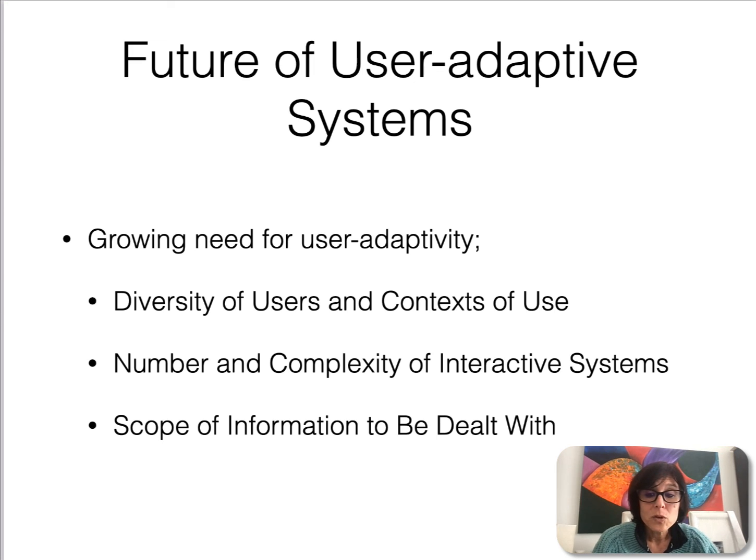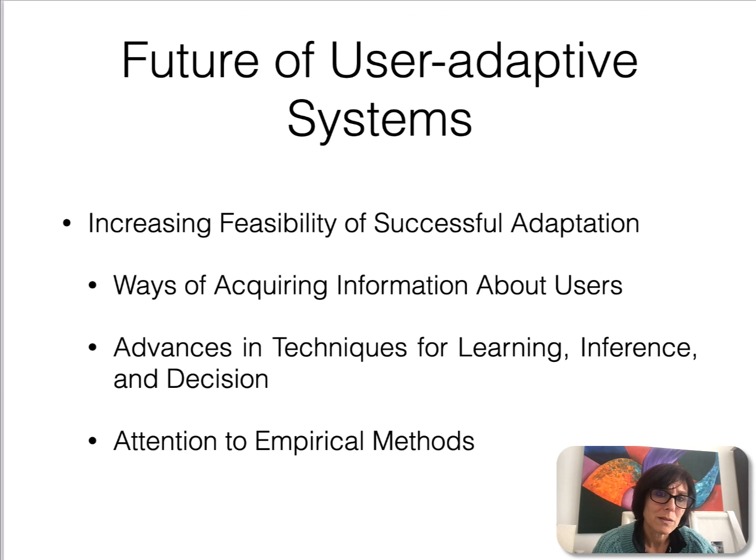There is, of course, ample research ground for the future of adaptive systems. There is a growing need for user adaptivity, as you know, so there is much work to be done to cover, for example, the diversity of users and contexts of use, as well as the scope of the information, including the number and complexity of interactive systems, and so on.